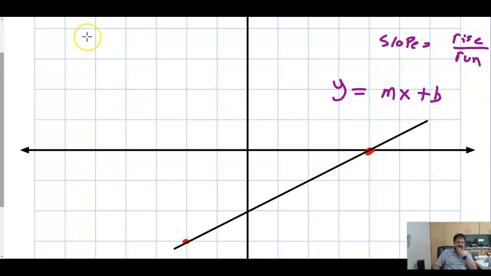So we want to find the equation of that line right there. Okay, so we need to find my m, which is my slope, and my b, which is the y-intercept. The y-intercept is the easiest one to find. We just look at our y-axis, and where does it cross? It crosses right here. And that is at negative 2.